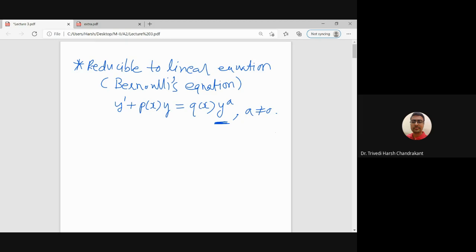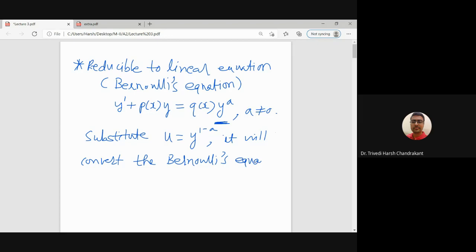For that, we need to substitute some function u = y^(1-a), and this substitution will convert the given Bernoulli's equation into a linear equation.